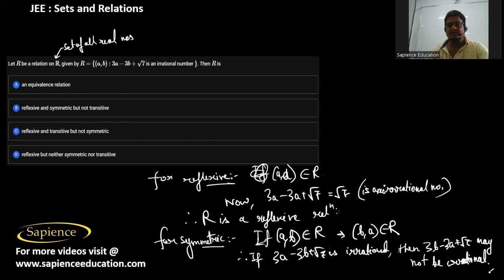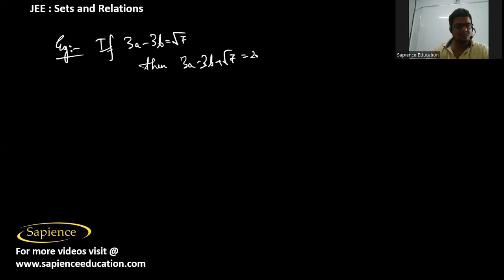Since why? For example, suppose you take 3a minus 3b equals root 7, then 3a minus 3b plus root 7 will be equal to 2 root 7, which is irrational.